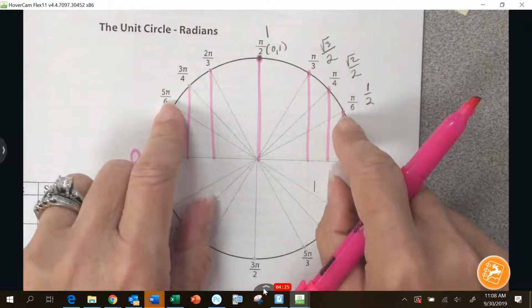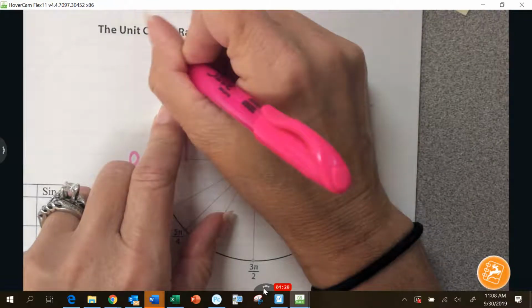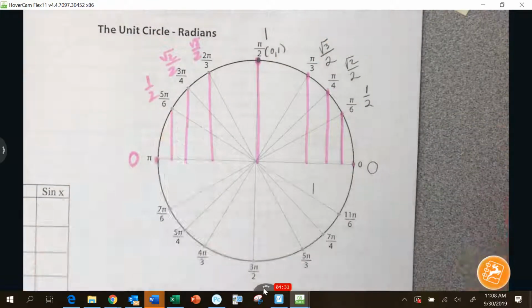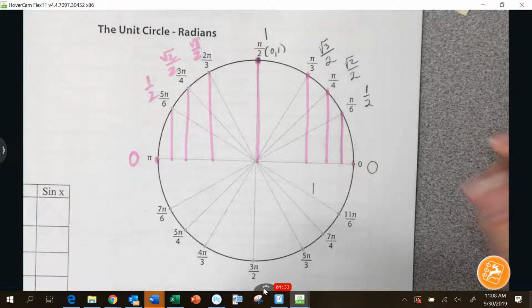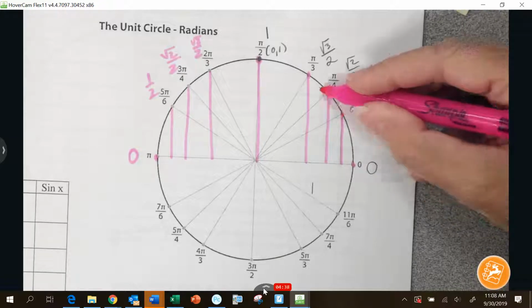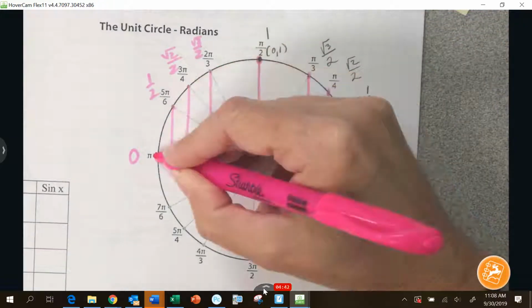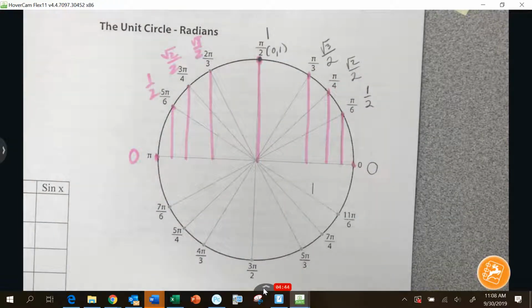So radical 3 over 2, radical 2 over 2, 1 over 2. And so this makes kind of a mountain shape where we're getting bigger and bigger, smaller and smaller until we pass pi.